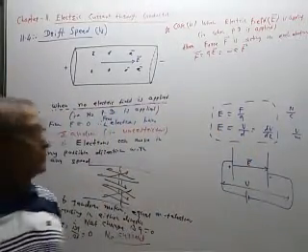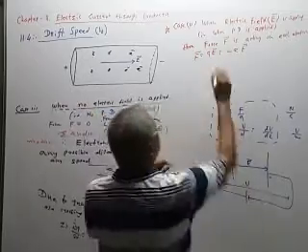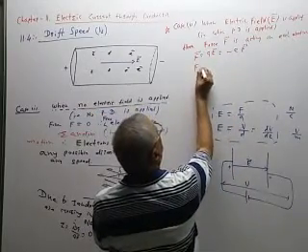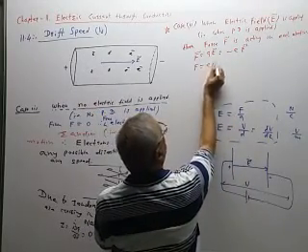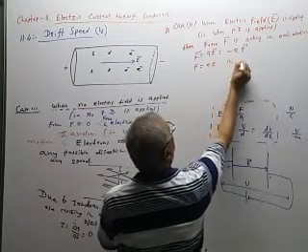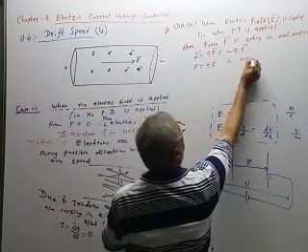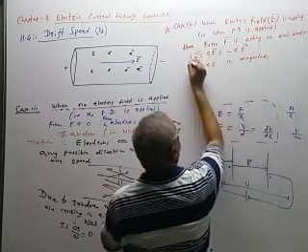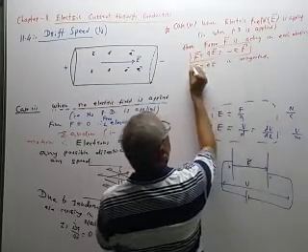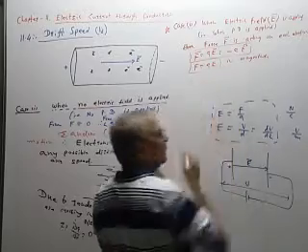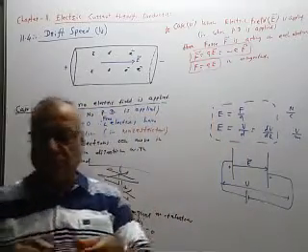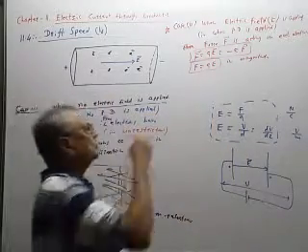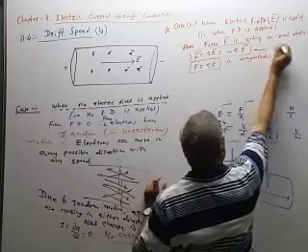This is equation 1. F is equal to eE in magnitude. And what is the meaning of the minus sign?